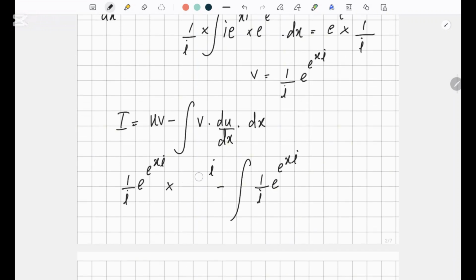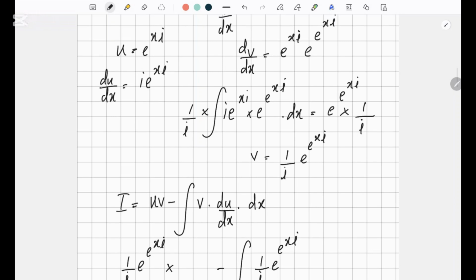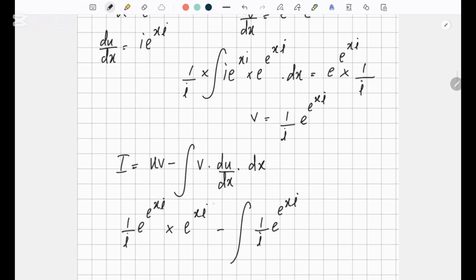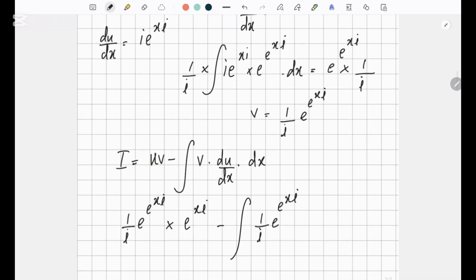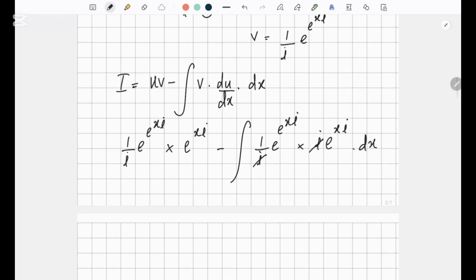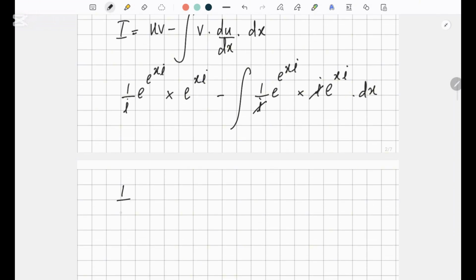This is v into du over dx, right? So u is e to the power xi. I wrote du over dx by mistake. So now here we have v into du over dx, which is i e to the power xi dx. You can see the i's cancel off, so we have 1 over i e to the power xi e to the power xi minus the integral of e to the power xi e to the power xi.